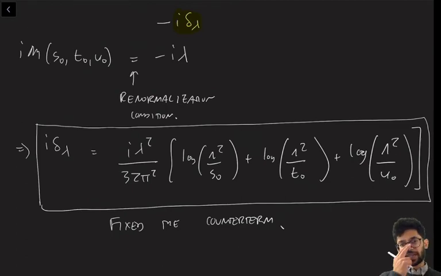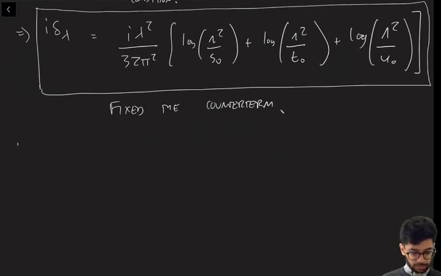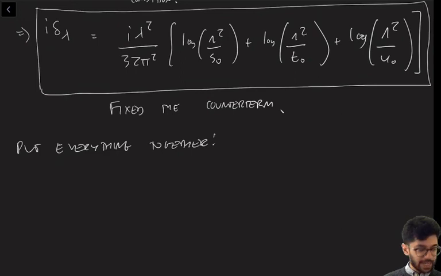So this is the point of the analysis. You can see how we can fix the value of the counterterm by imposing the renormalization condition. So now we put everything together and we can calculate iM, and we find an expression that by now is extremely familiar.